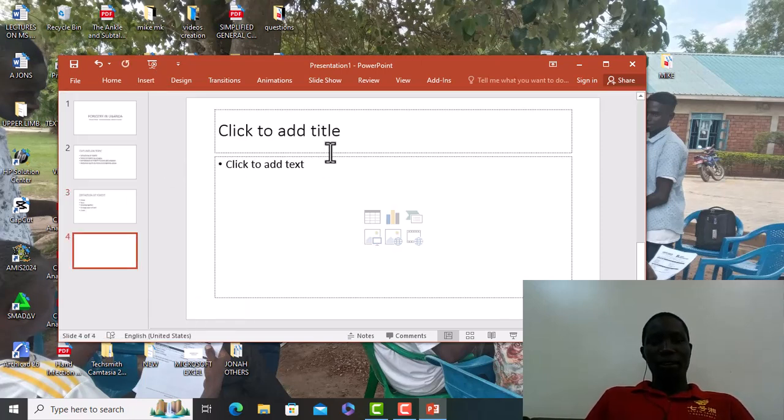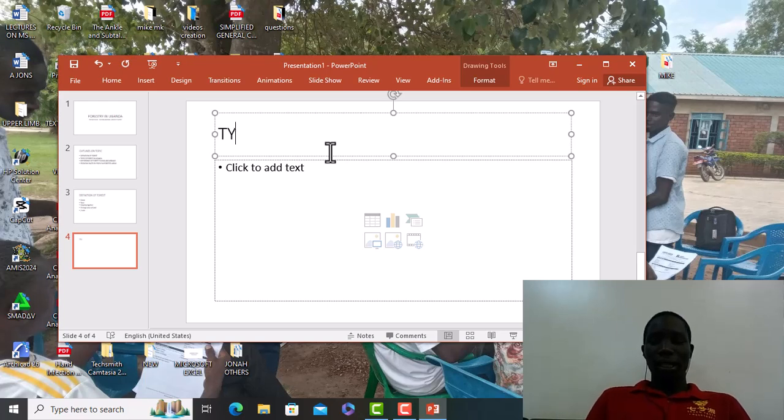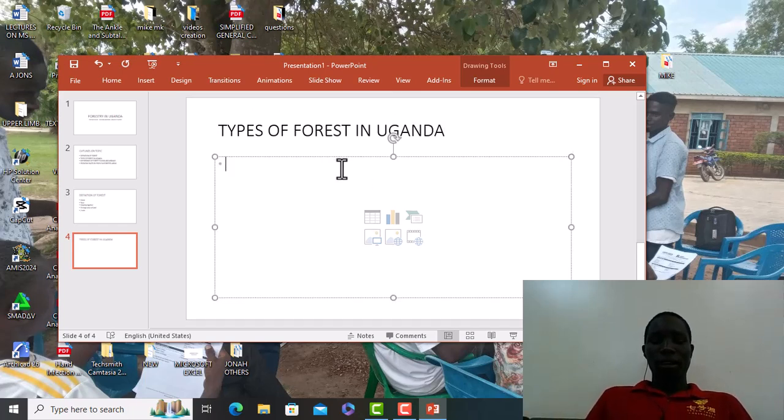So the title we have here, types of forest in Uganda. So one we have is, I'm talking about planted forest.